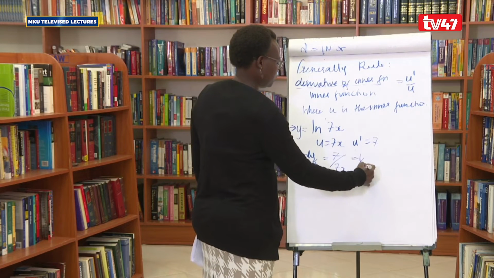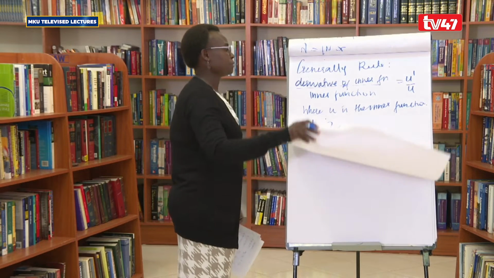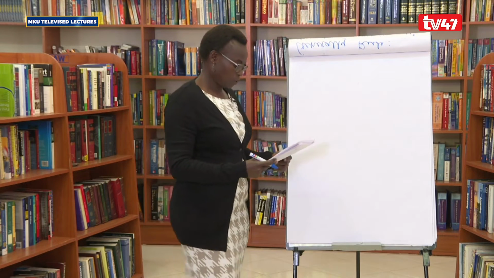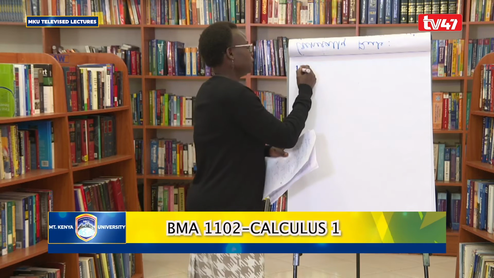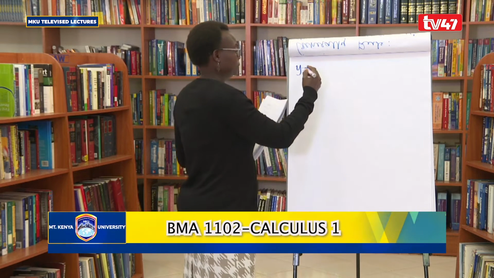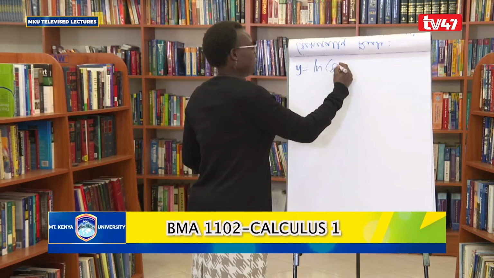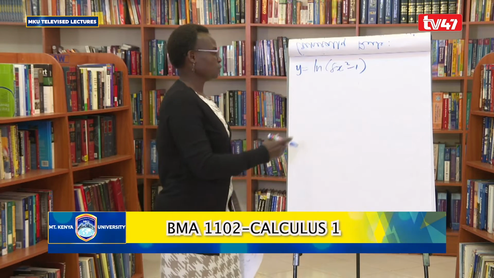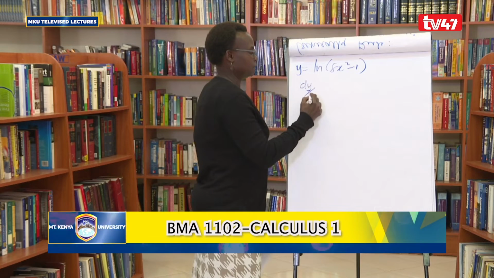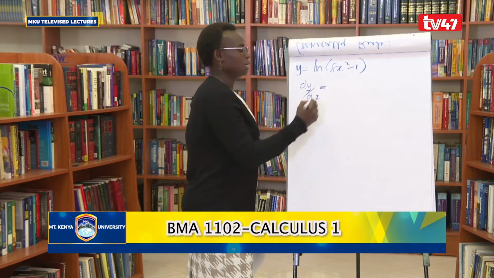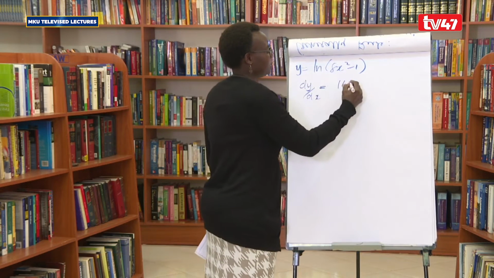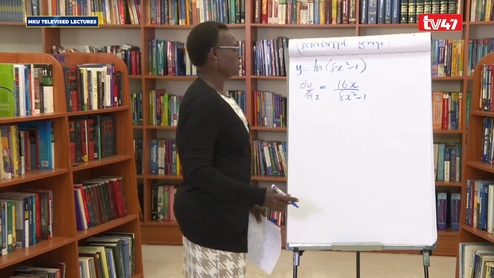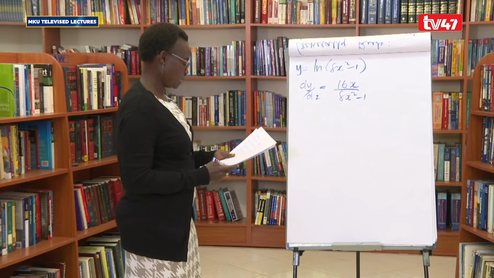So that would give us 1 over x. Second example, we have y as ln of 8x squared minus 1. So our inner function here is 8x squared minus 1, and u bar will give us 16x over that inner function, which is 8x squared minus 1.